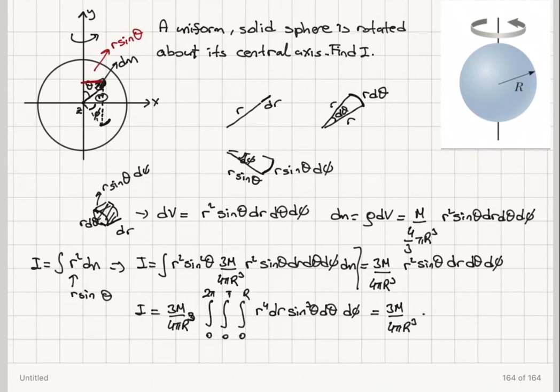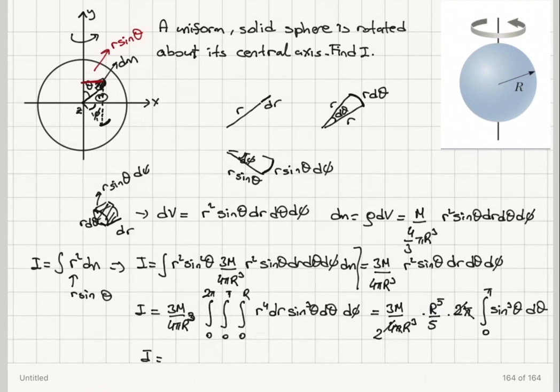3M over 4 pi R cubed multiplied with R to the 5 over 5, and from the phi integral I will get 2 pi, and then I have a remaining integral from 0 to pi sine cubed theta d theta. So the moment of inertia is, this 2 will get rid of this one, so this becomes 10 now.